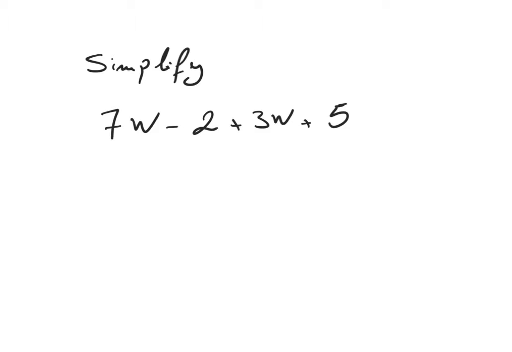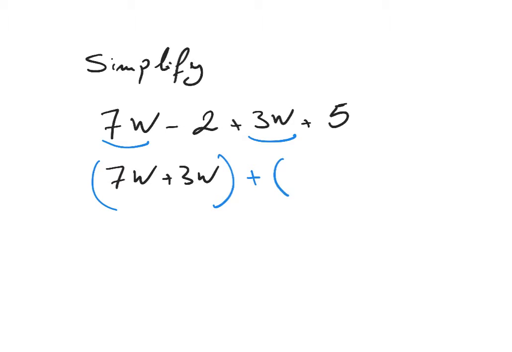So we're going to combine like terms. The first thing we're going to start with is combining 7W with 3W, which is going to be 10W. So 7W plus 3W, right? And then we combine the negative 2 and 5.